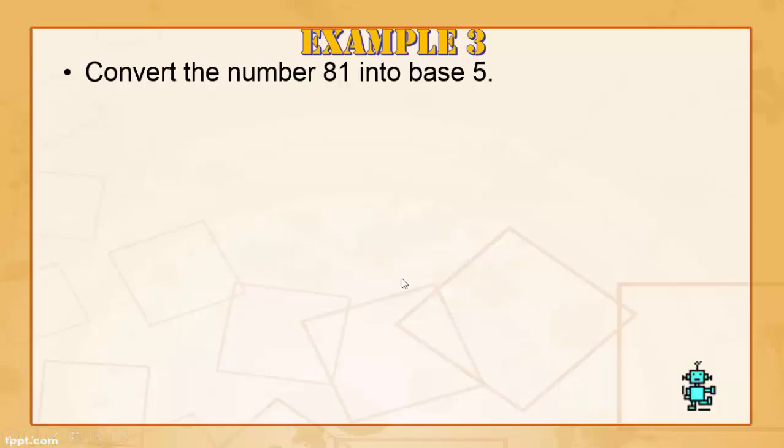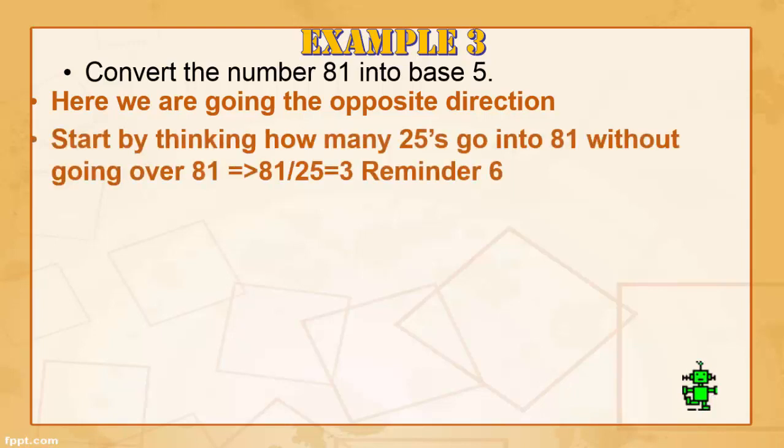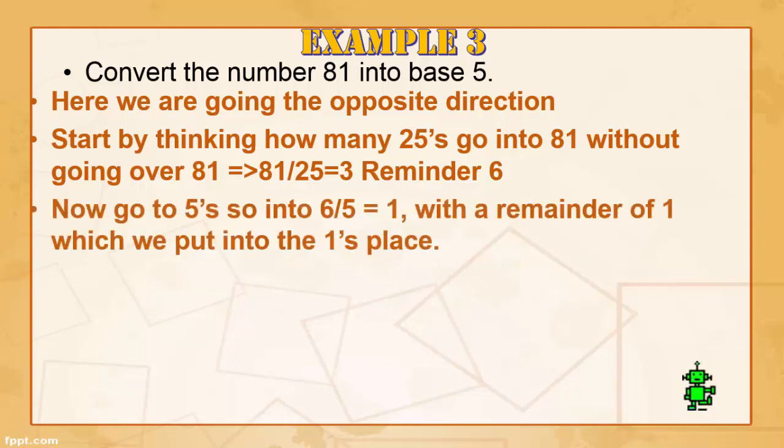So let's review what we just did on the whiteboard with the table. And here we are going in the opposite direction. We start by thinking how many 25s go into 81 without going over it. So that means 81 divided by 25 is 3 with a remainder of 6. Now we go to the 5s.